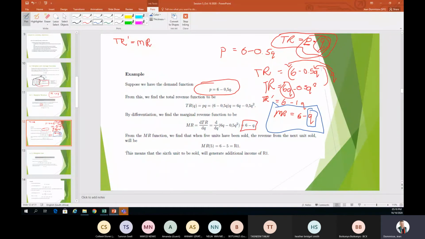So in this example, they said, let's say if you sell 5 units, what will your marginal revenue be? Then it will just be 6 minus 5, which will give you 1 rand.